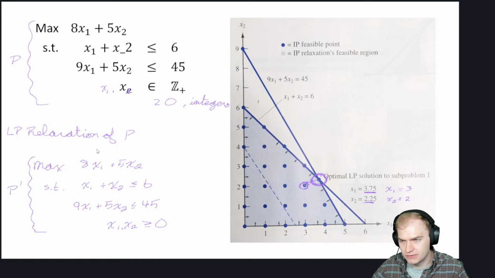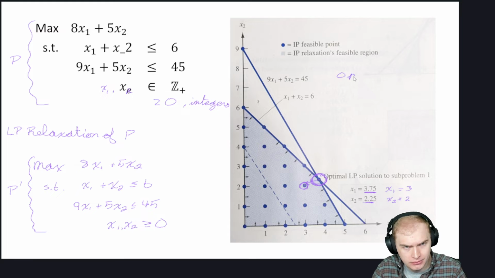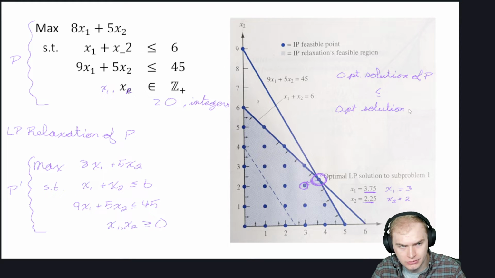in the relaxation, feasible to the relaxation, which means that the optimal solution of P is less than or equal to the optimal solution of P prime.